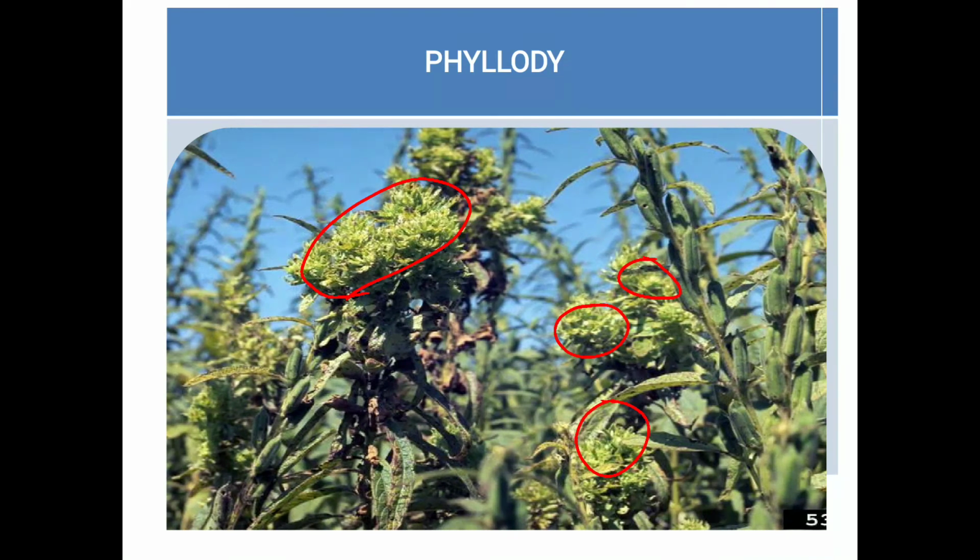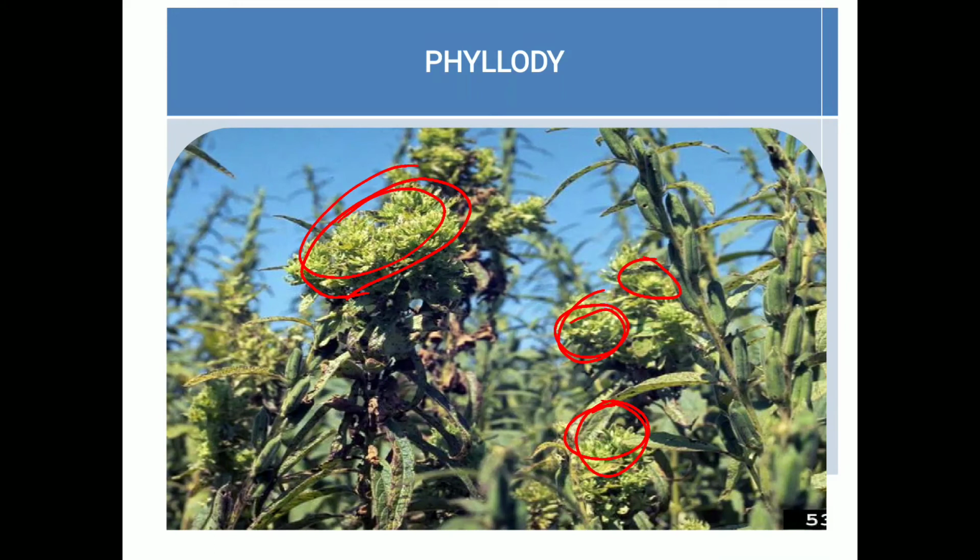Next one is phyllody symptoms. Phyllody means all the floral parts of the plant are transformed into leafy structures. Only leafy structures are observed. There is no pod formation or any kind of seed formation. Only leafy vegetative growth is observed, and it arises in a bunch.